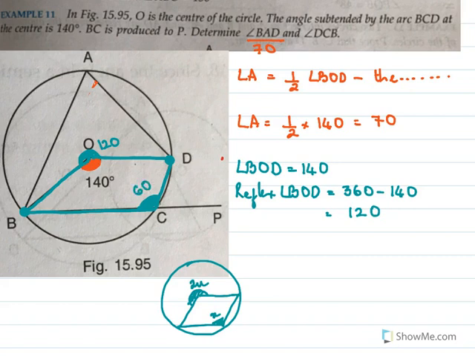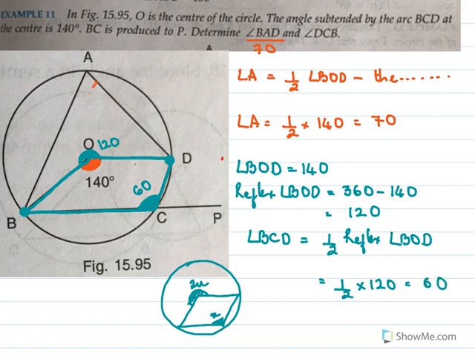So this angle is angle BCD, and angle BCD will be half of reflex angle BOD, which will be 110.